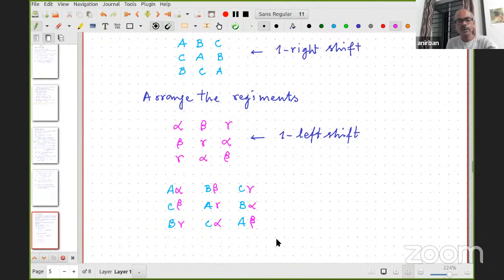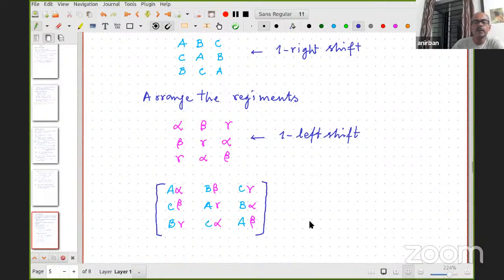Now we have got a 3 cross 3 block, and each combination of rank and regiment appears only once. Every combination has appeared.